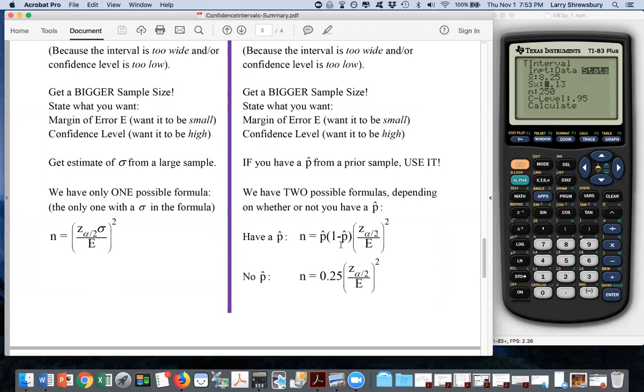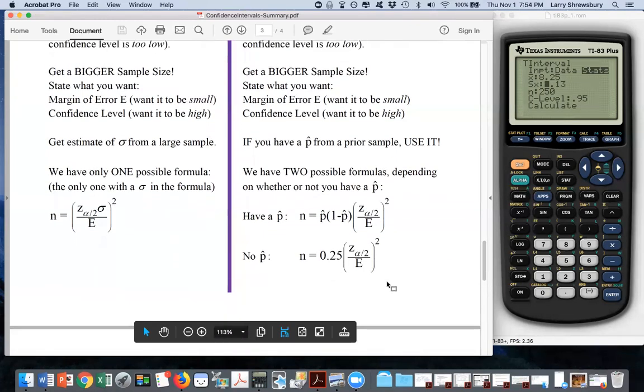It's not a complete loss because you have a sample proportion and you can use this one. And this is really the one you're hoping to use. Because this one over here is a worst case scenario, which is, okay, you don't have a sample proportion. All right, we're going to assume the worst here.